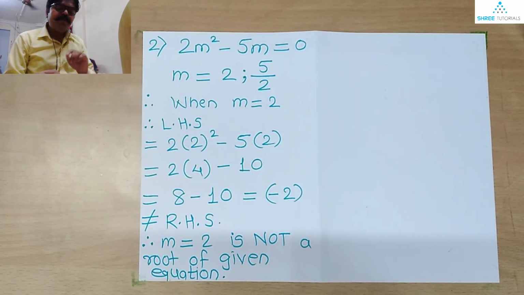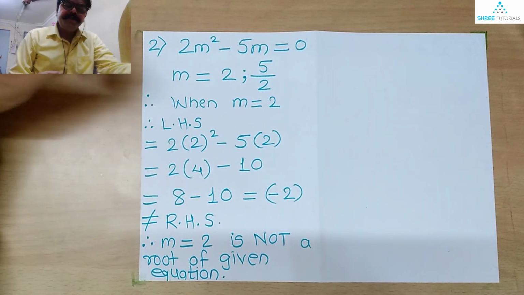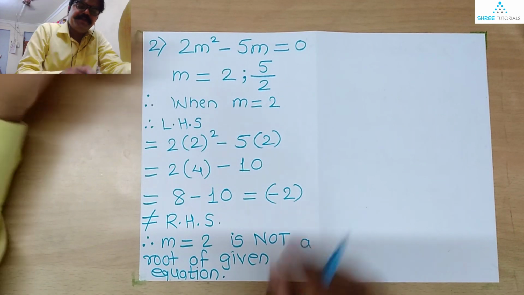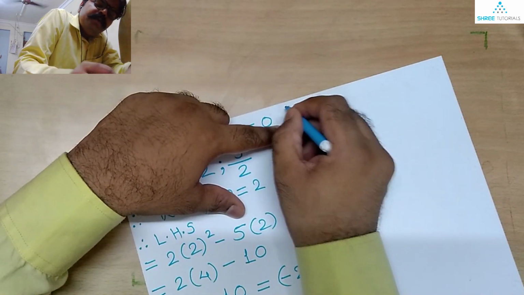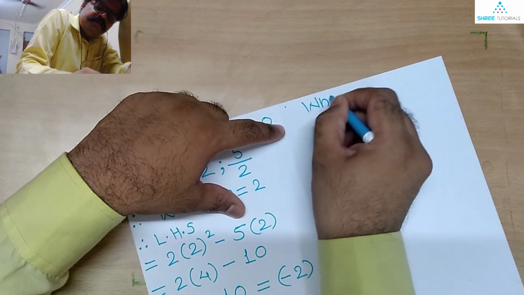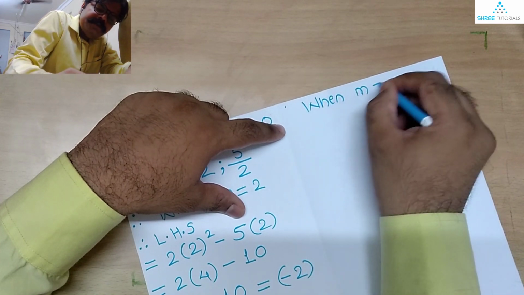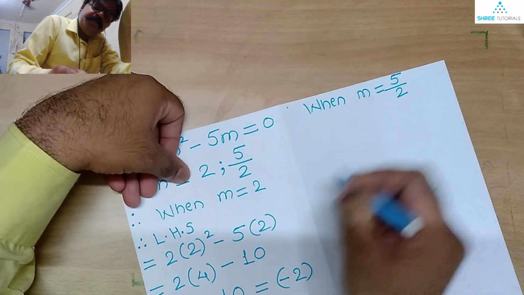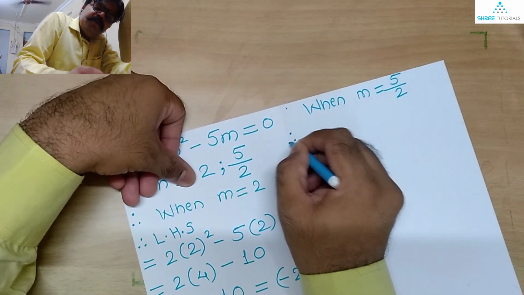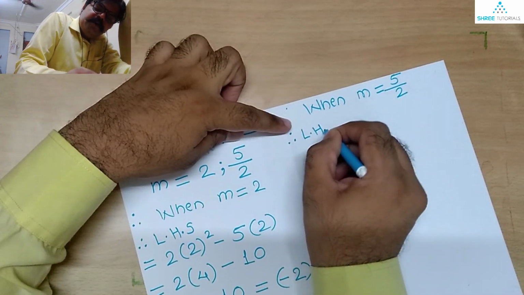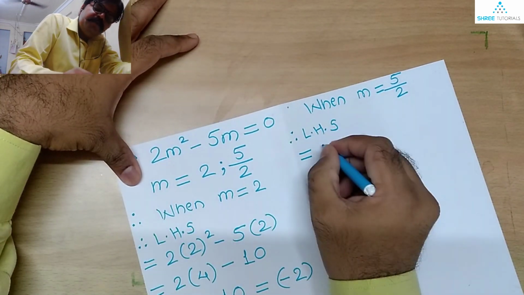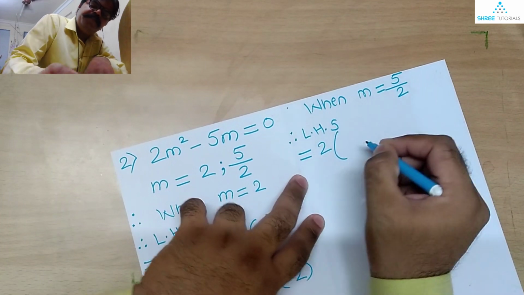Similarly, now we are going to substitute, this time, m is equal to 5 upon 2 in the same equation. Therefore, when m is equal to 5 upon 2, our left hand side of the equation will look like 2m square minus 5m.